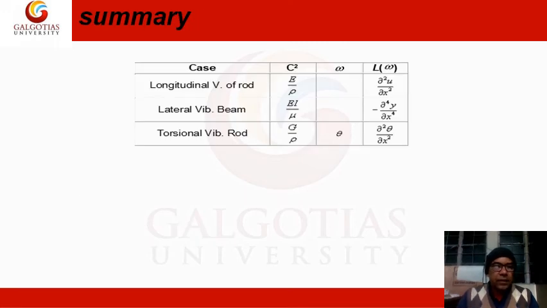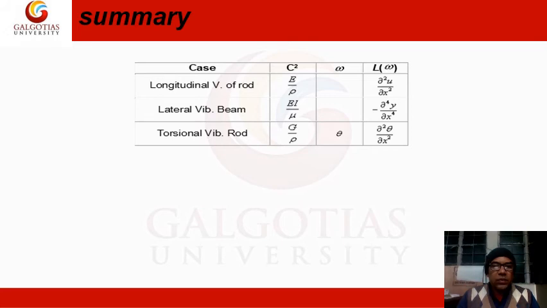And so these are the cases for the longitudinal vibration of rod: C square equal to E upon rho, and omega will be the same, and at x equal to L it will be d2y upon dx2.